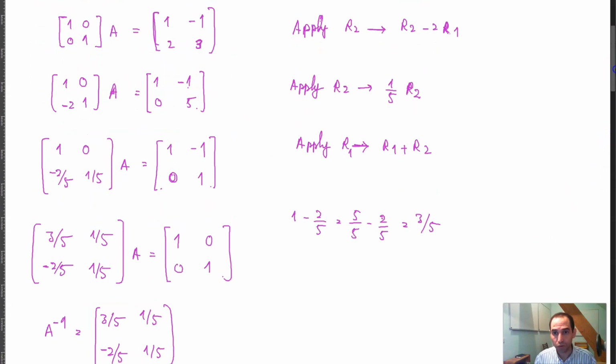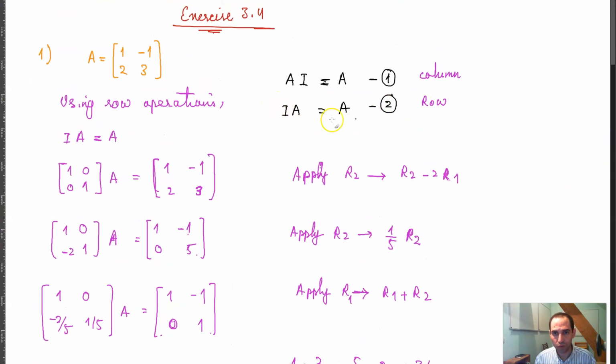Now, question number 2 is, let's say that your A is equal to 2, 1, 1, 1, and you want to find the inverse of this matrix. Now, it happens that you want to do row operations. To do row operations, I'm going to use this equation.